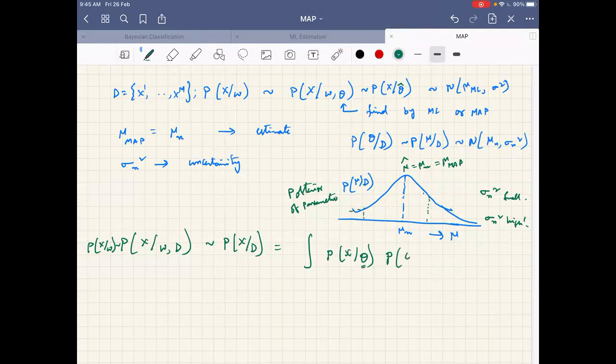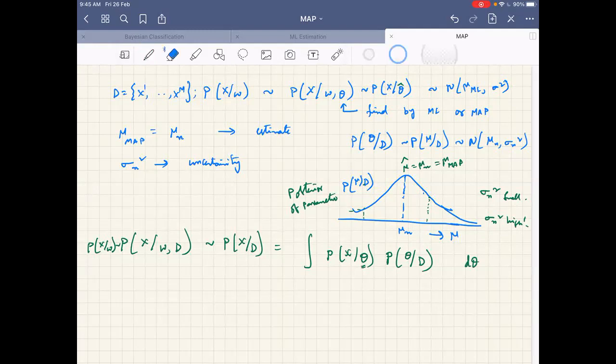The posterior probability for theta given the samples is already found, and it gives the weights, which are more probable and which are less probable. Putting together, what I can get is P of x given D, and that is given by this expression.